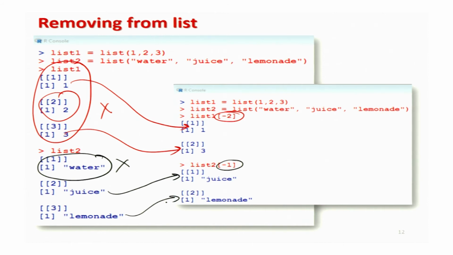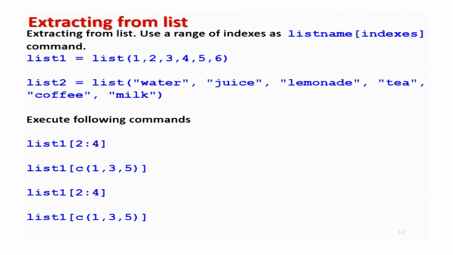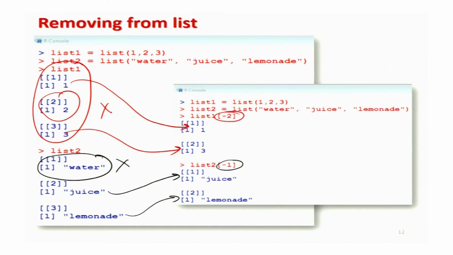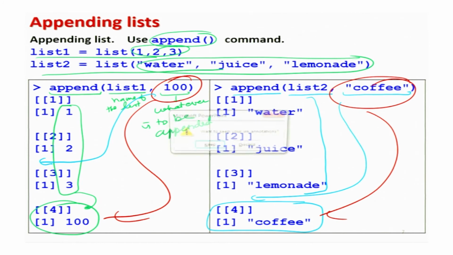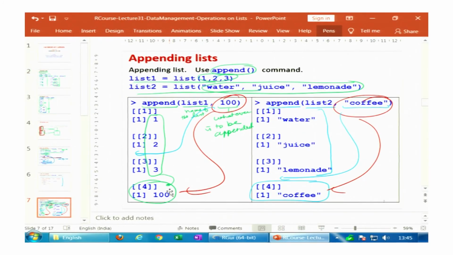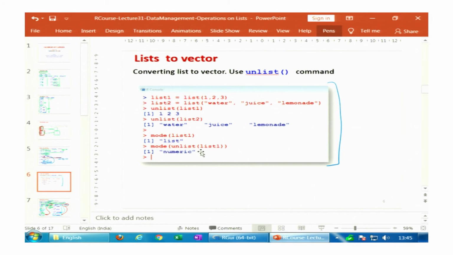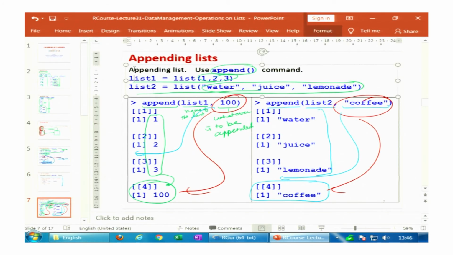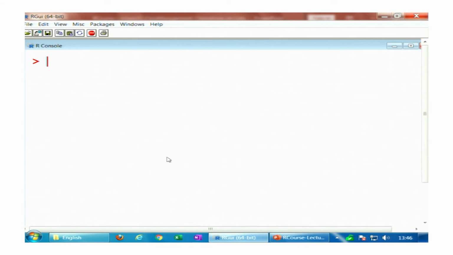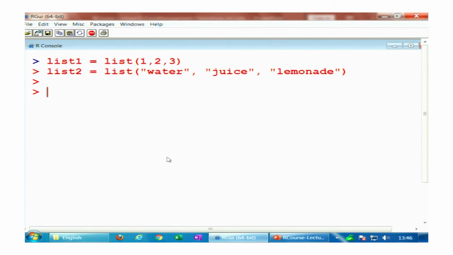So, you can see that these are not very difficult operations, but let me first show you these operations on the console, so that you are more confident about them. First we create these two lists, and then we use the append command. I consider list 1 and list 2 that we already created.